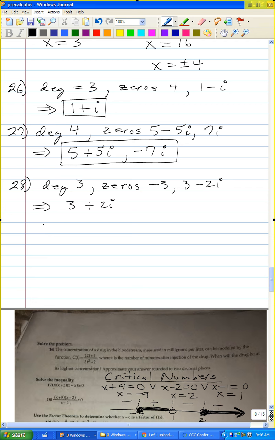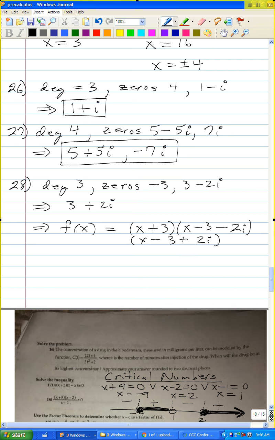So now my polynomial must look like x minus negative 3, x minus 3 plus 2i, times x minus 3 minus 2i.